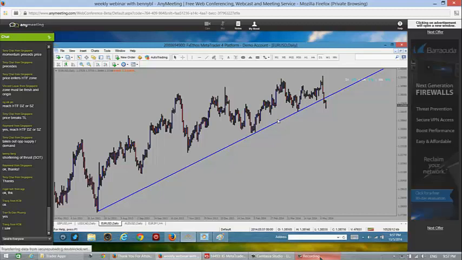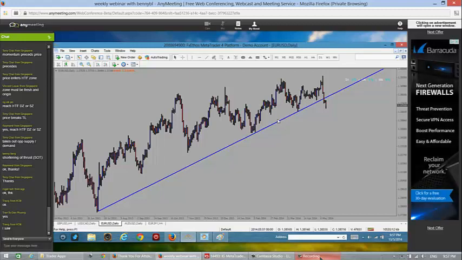It is not wrong. We can't say that this person is wrong, because in the market there are different ways to draw a trend line. This is called a common sense trend line. Common sense meaning that you look at the chart, pick the two obvious lows, and join.